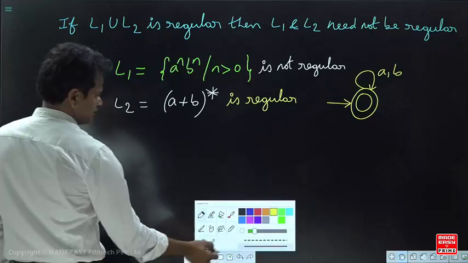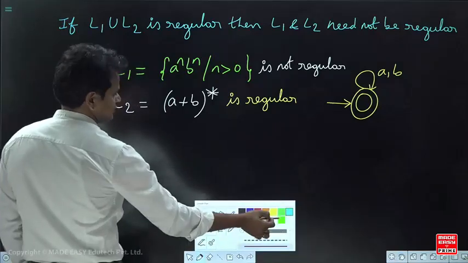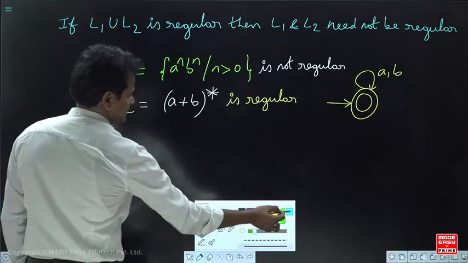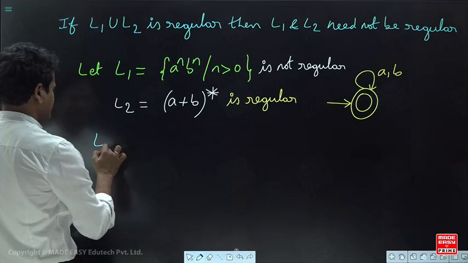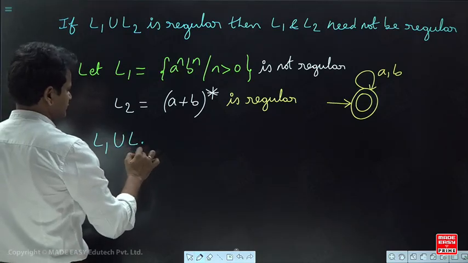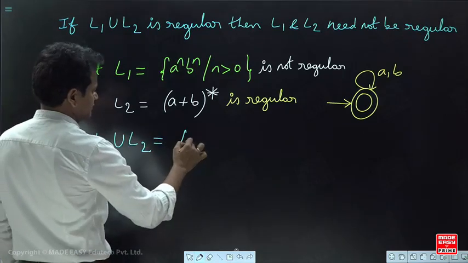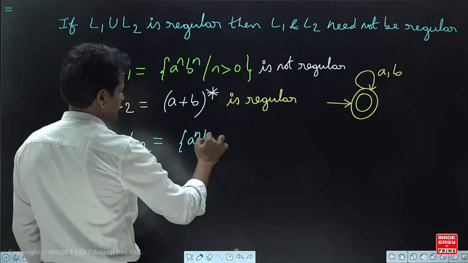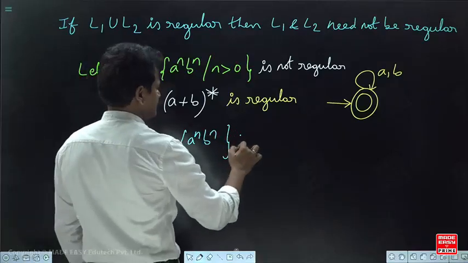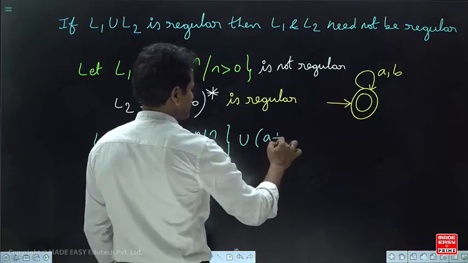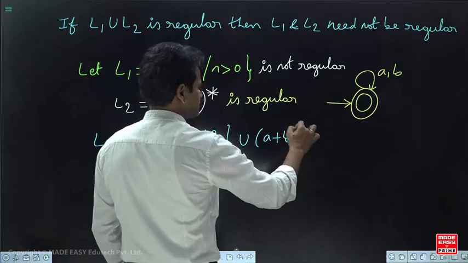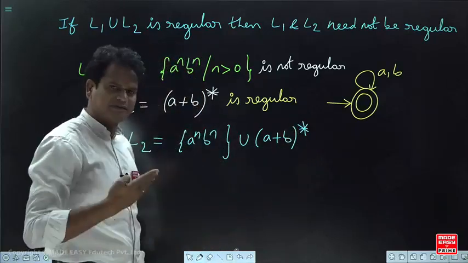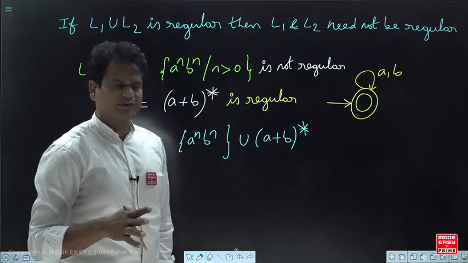Now what is L1 union L2? L1 union L2 equals a power n b power n union (a plus b) whole star. What is (a plus b) whole star, guys? It is everything, all combinations of a's and b's.